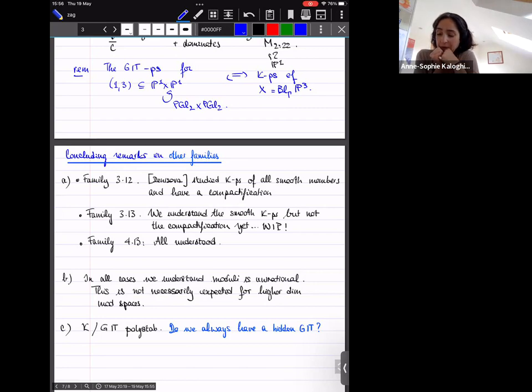In all the cases, we understand the moduli space is unirational. I don't think that's going to be true in higher dimensions, but I may be wrong. And then there's always a kind of hidden GIT stability picture behind all of these K-stability pictures. And that seems to be what you would expect, as K-polystability should be locally GIT in flavor.